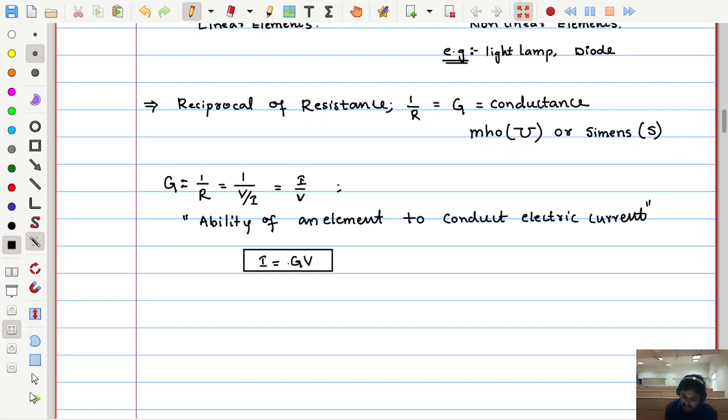Why? Because I is equal to V by R, and 1 by R can be written as G. Now we have seen the power relationship.